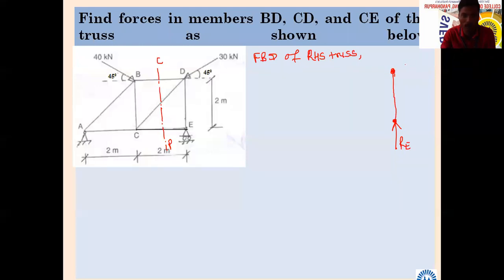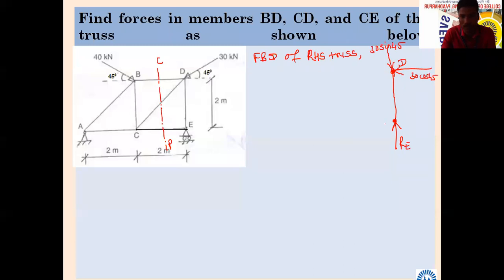So here there is a point, not E, D. Suppose point D. And here we have resolved this force: 30 cos 45. Is it possible for you to see? Yes, sir. 30 sin 45.